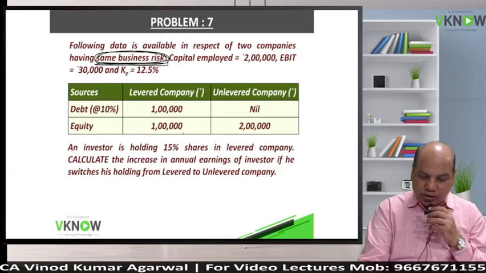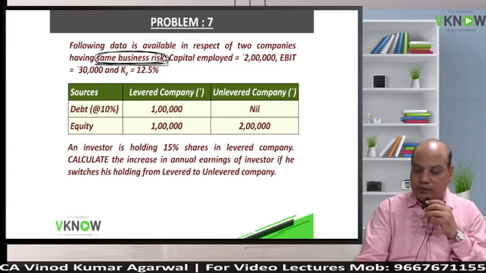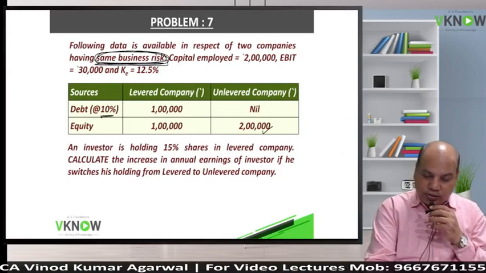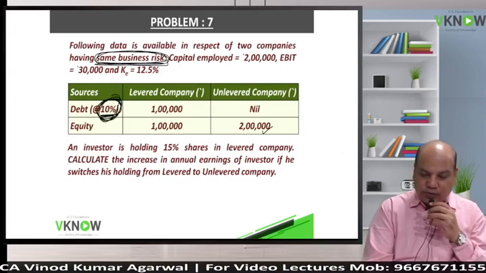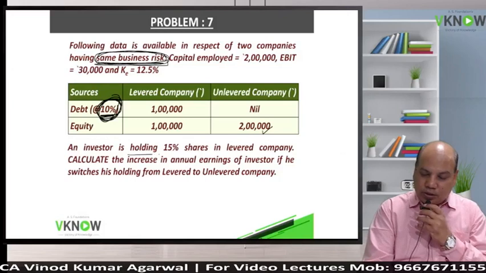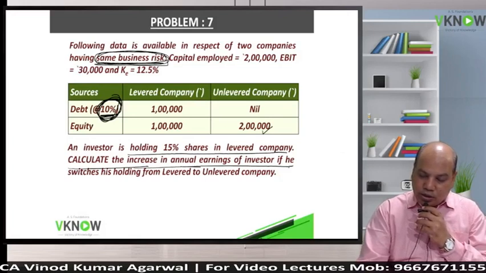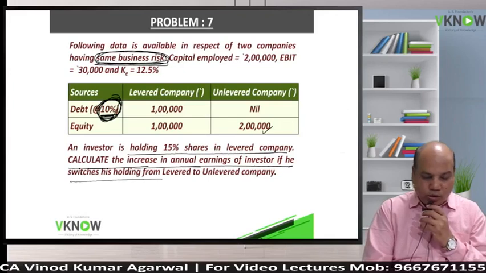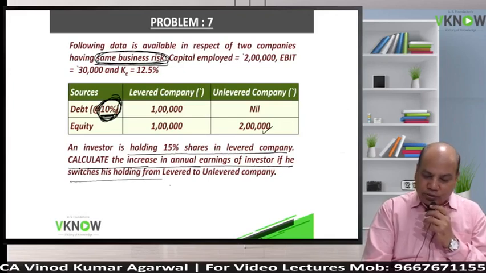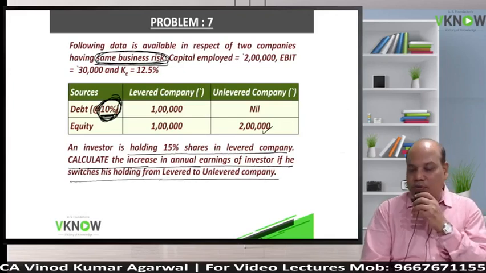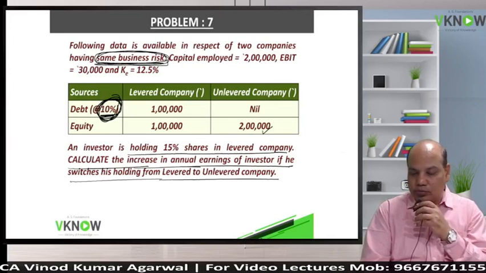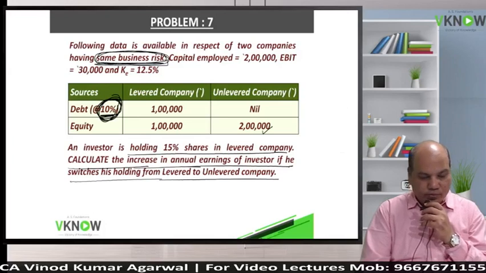Debt 1 lakh, equity 1 lakh in the levered firm, and 2 lakh equity in the unlevered firm, and the debt borrowing rate is 10%. Investor is holding 15% share in the levered company. Calculate the increase in annual earning of the investor if he switches his holding from levered firm to unlevered firm.